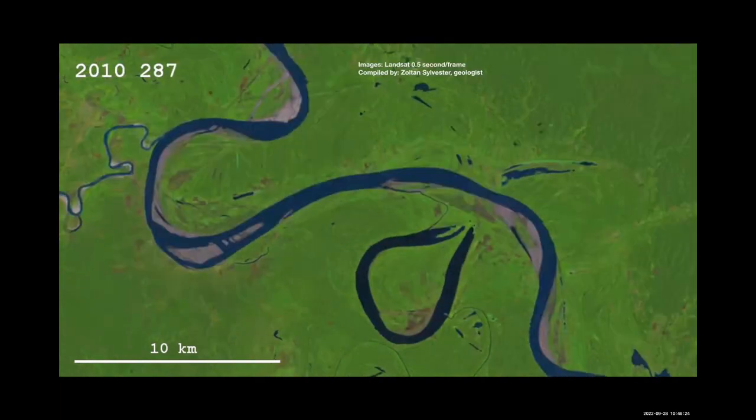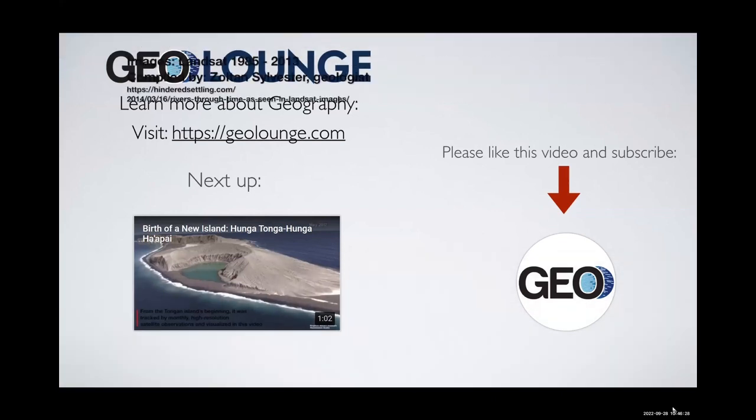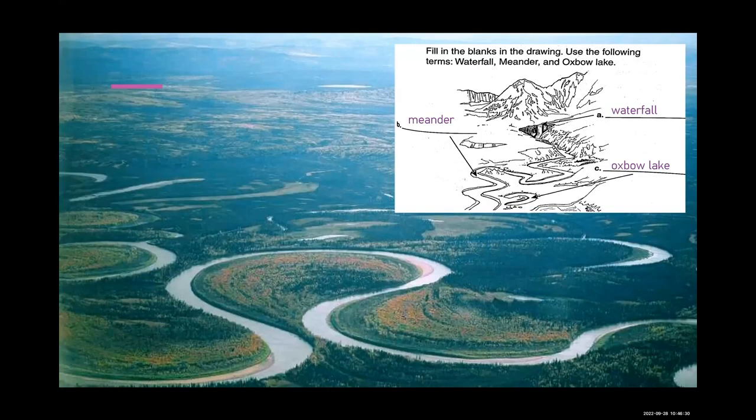And if you look at this image, you can actually see where some other river patterns may have been in the past. So fill in the blanks. You've got your meander here, your waterfall here, and your oxbow lake right there.